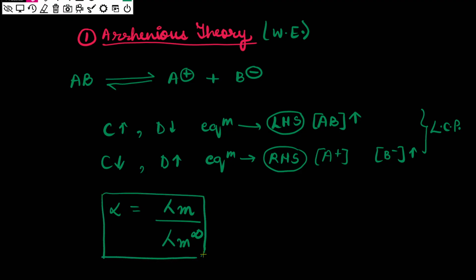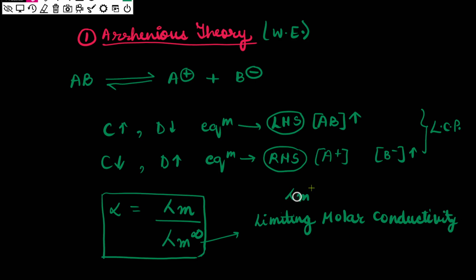And always remember that this molar conductivity at infinite dilution is also known as limiting molar conductivity, and we are going to talk about this concept further also in our upcoming videos. But please know that the molar conductivity at infinite dilution, which is also represented by these two terms, is also referred to as limiting molar conductivity.